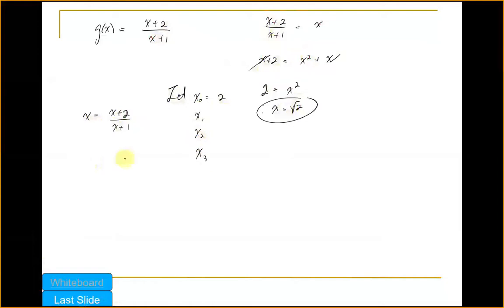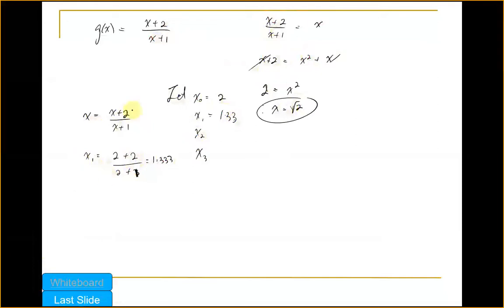So x equal 2 plus 2 over 2 plus 1, this is x1, right? 1.333. Everybody agree with this? 4 over 3. So it's 1.33 or 4 over 3.